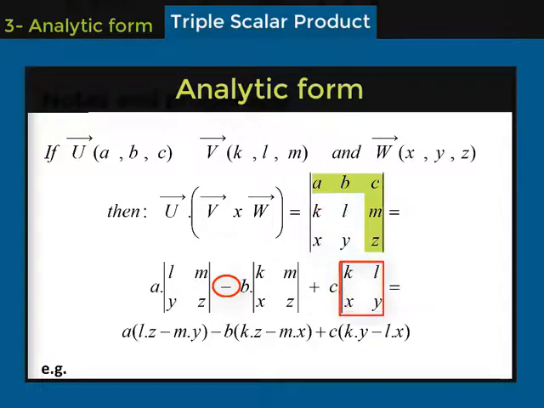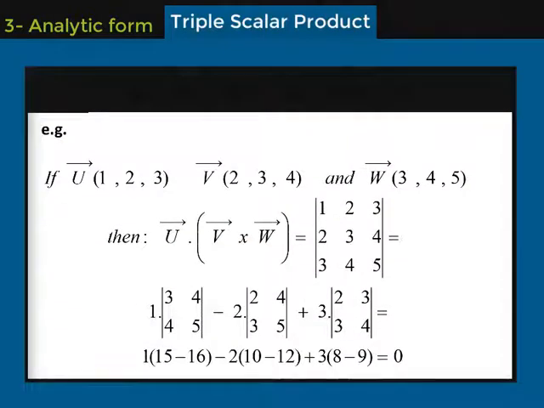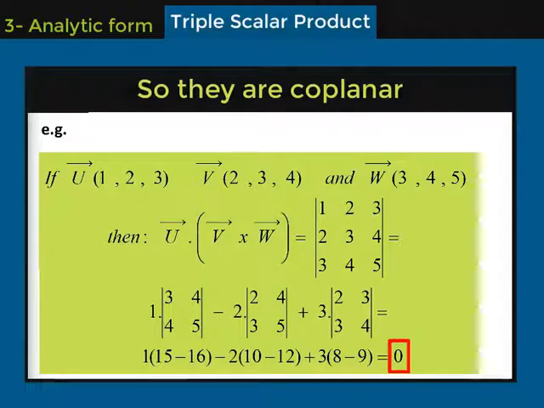And then we compute this determinant. Here is an example where we find the triple scalar product of u, v, and w. The determinant obtained is equal to 0, which means that the three vectors u, v, and w are coplanar.